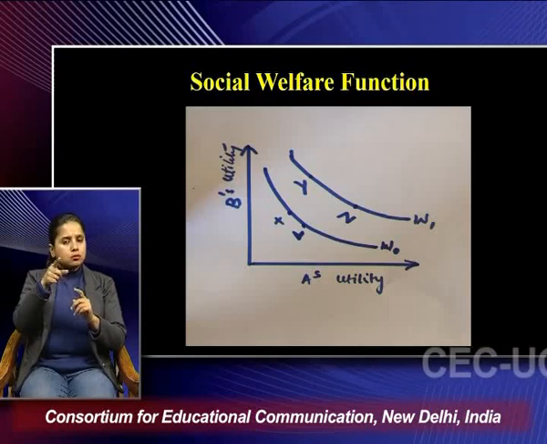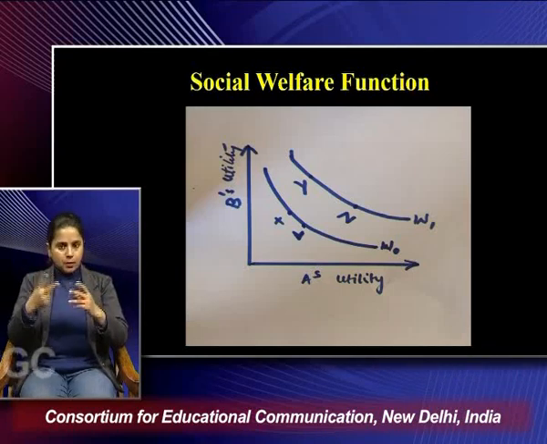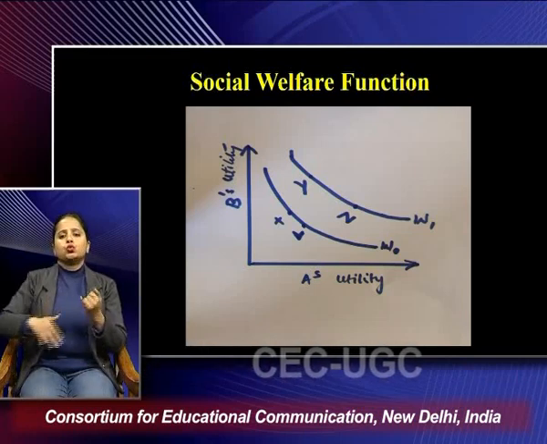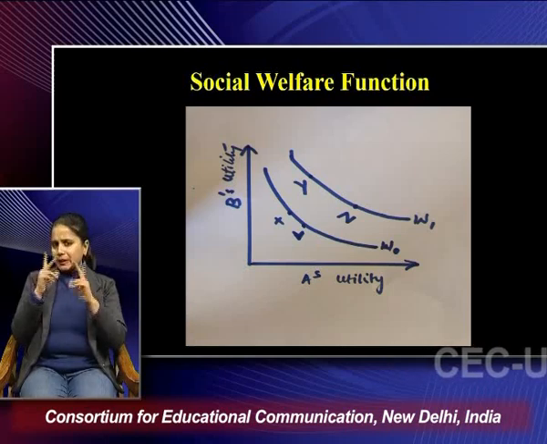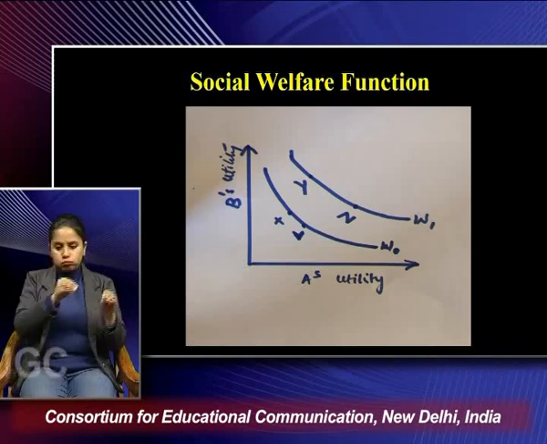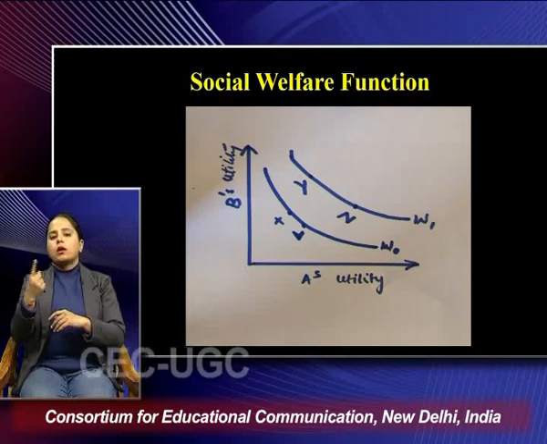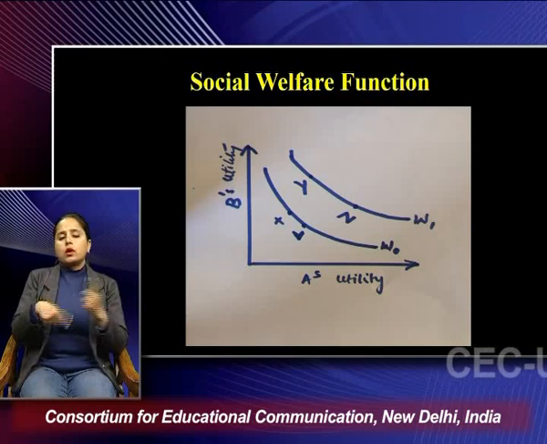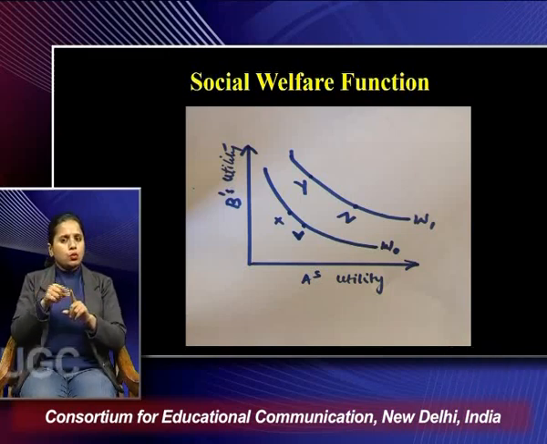Movement from X to Z. Now this movement, as you can see in the graph, is definitely associated with more social welfare, and it's very evident that the social welfare has moved from W0 level to W1 level. But what happens to the Pareto preferences?